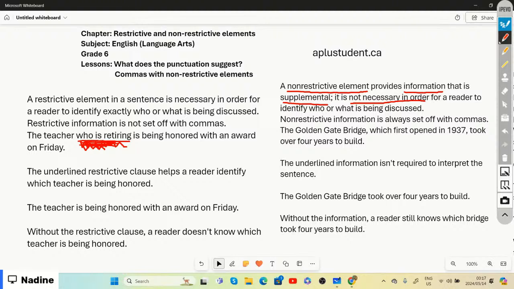For example, the Golden Gate Bridge, which first opened in 1937, took over 4 years to build, right?